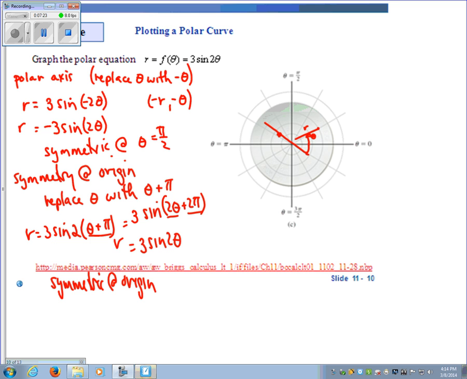Which now I've got symmetry about the line theta equal pi over 2, symmetry about the origin, and automatically then, so therefore, it's also going to be symmetric about the line, the polar axis, the x-axis.